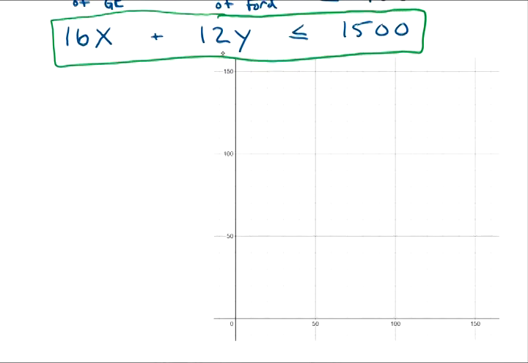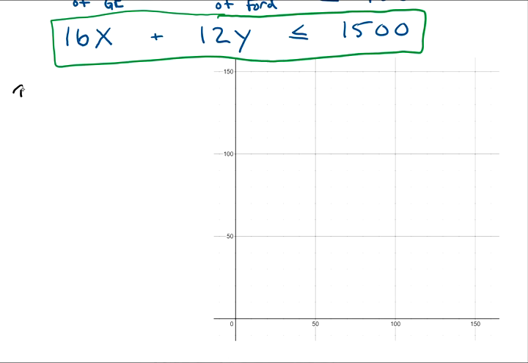All right, so now let's graph this. How do we graph a line? Well, we need 2 points. Once we have 2 points, we can draw the line and do the shading. We've talked about 2 ways of doing this.